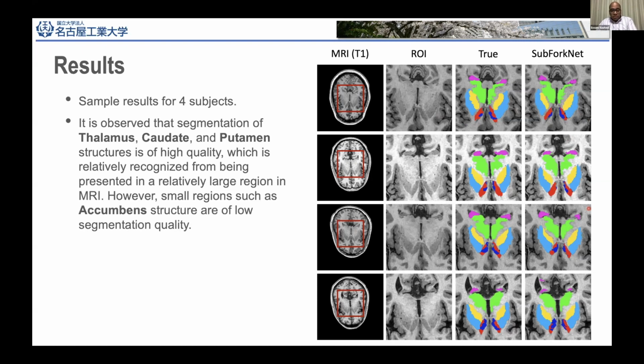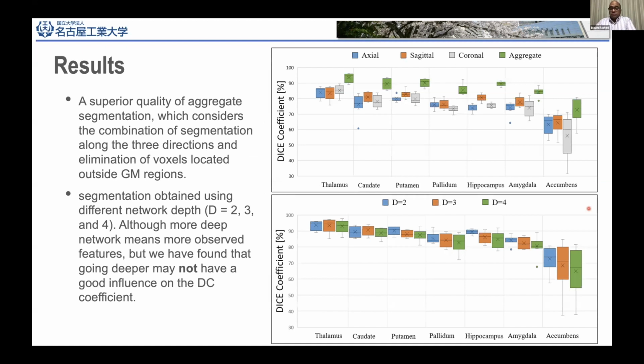If you look at this graph, you can find the quality, according to the dice coefficient, along different directions. We find that the aggregation, represented in green color here, improves quite a lot when we compute the aggregation from different segmentations along different directions.